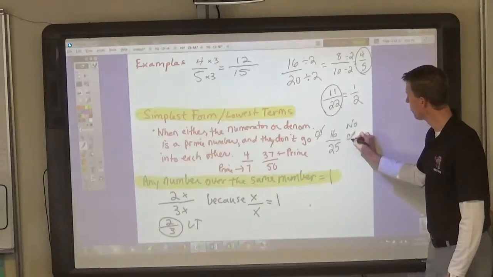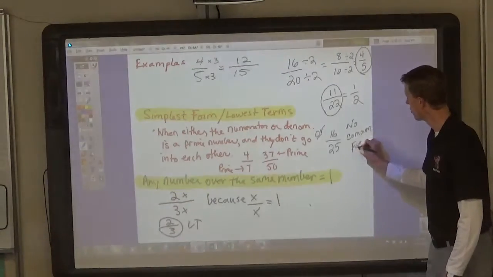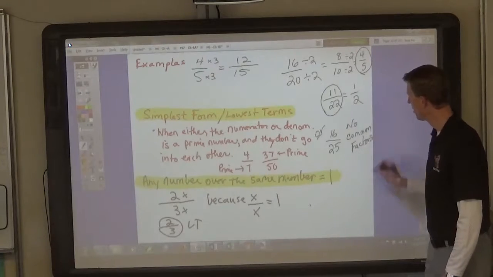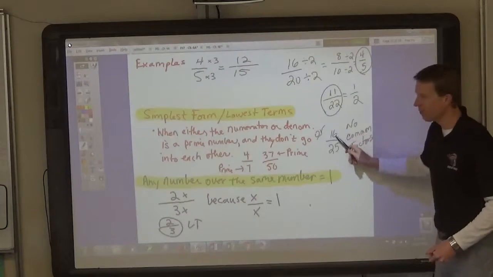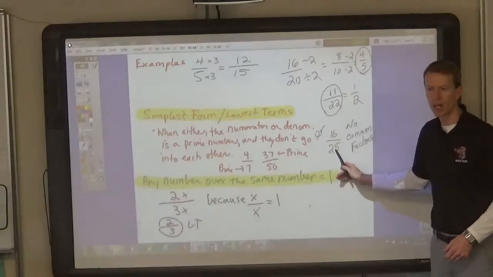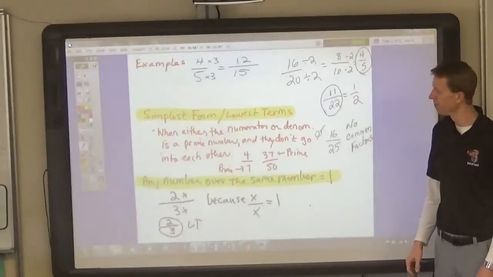So write this example down. No common factors. There's no ingredients that you can take out of both. Remember, factors are like ingredients that make the number. They're like elements. 16/25, they're both composite numbers, but they don't have any common factors that you can take out of both numbers.